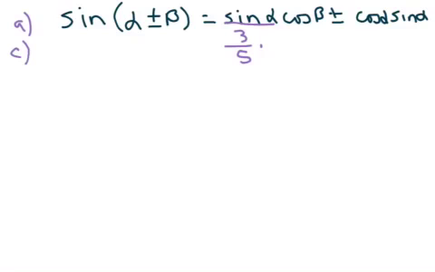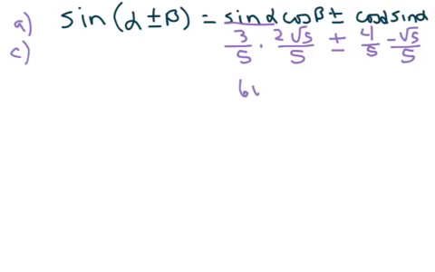We know that cosine of beta is 2 root 5 over 5. We're going to put the plus and minus. And then cosine of alpha is 4/5. And sine of beta is negative root 5 over 5. Okay, so I'm going to multiply this, and I get 6 root 5 over 5 plus or minus 4 root 5 over 5, negative.